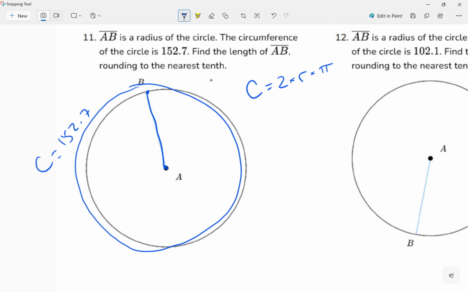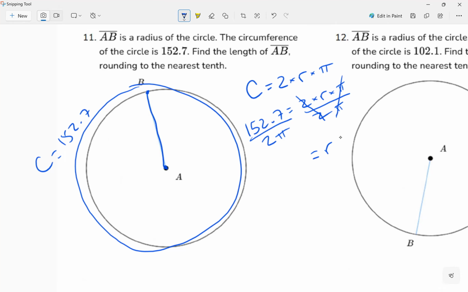So let me rewrite this as 152.7 is equal to 2 times the radius times pi. And I'm trying to solve for radius. I want to have radius by itself. So on both sides, let me divide by a 2 and a pi, because that way on the right side, the 2's cancel out, the pi's cancel out. So I just get radius on the right side.